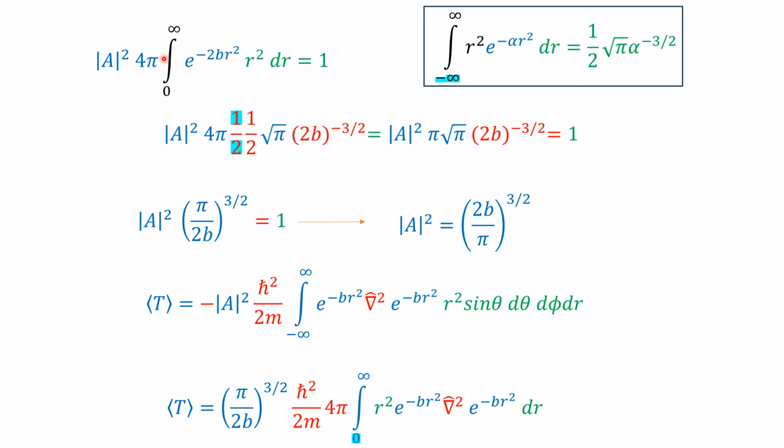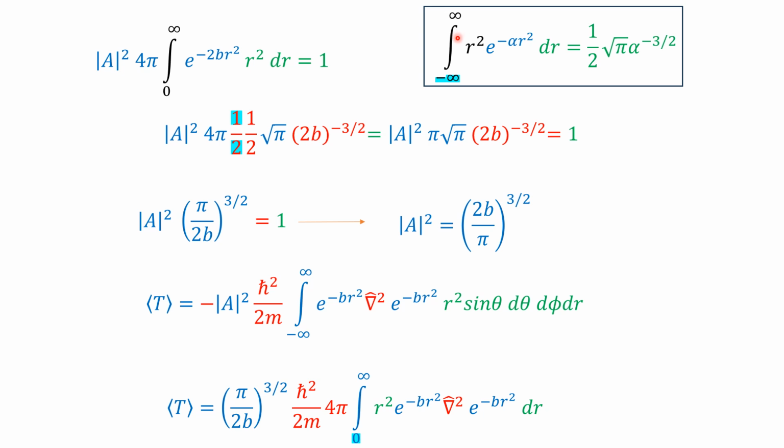It is a Gaussian integral, so you can solve it using the standard method of solving Gaussian integration. We have already seen the Gaussian integral in detail. I have given the link in the description box. You can kindly refer to it.